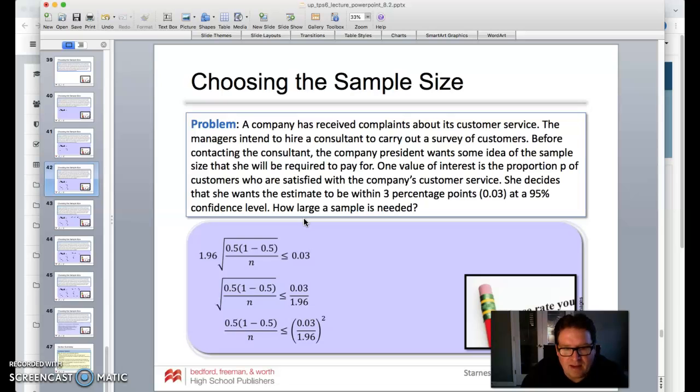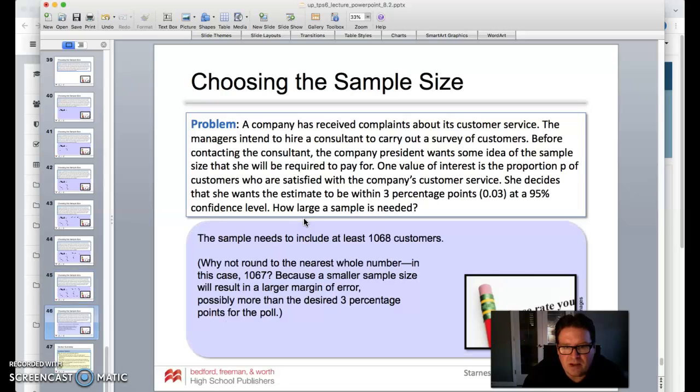Then we can multiply both sides by n, swing to the other side, divide by 0.03, divide by 0.196 squared, and we figure out that our n would be 1067.11. Obviously, we don't round to the closest; we round up to 1068. We're not doing 1067 because we want to make sure the margin of error is smaller than that, so we'd want to go bigger rather than smaller to make sure we're within the margin of error that we have. Okay, so that's the way to do that.